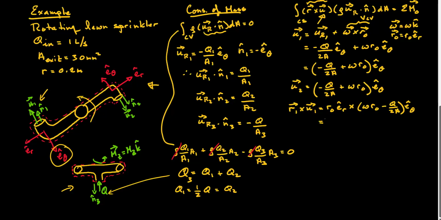Working out this cross product, we find that we have omega R naught squared minus Q R naught over 2A in the K direction, and we get exactly the same result for R2 crossed with U2.